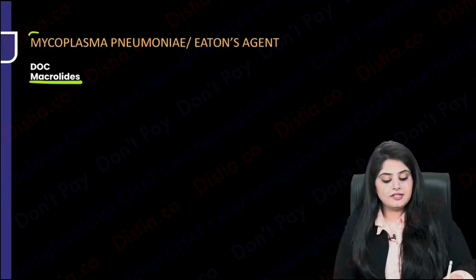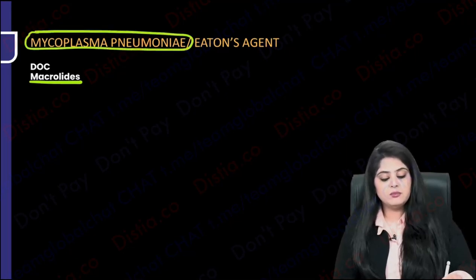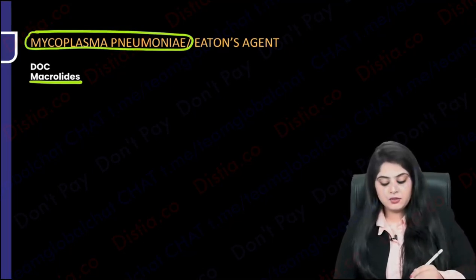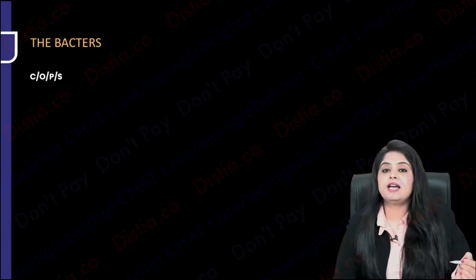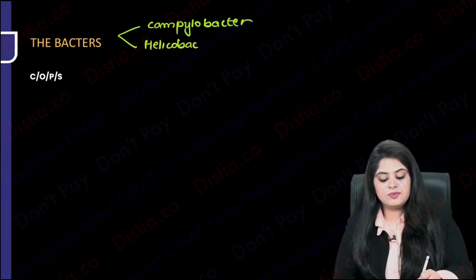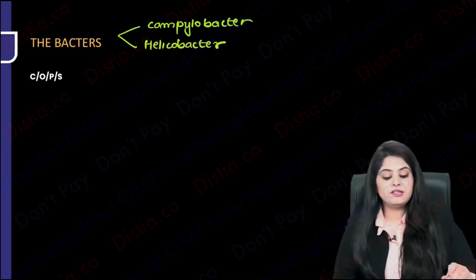So overall, going back to my mnemonic, for mycoplasma pneumonia remember mycoplasma, so your life becomes simple. Let's go on to the other miscellaneous bacteria that we have, and they are the bacters. When I say bacters, we are talking about Campylobacter and Helicobacter. All of these bacters are said to be COPS. What is COPS?